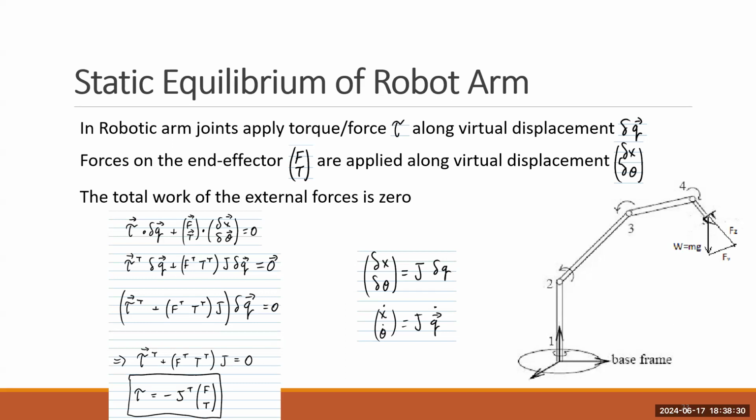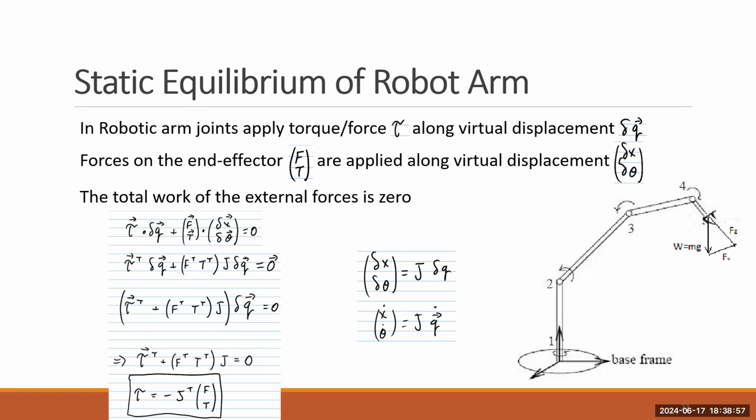And this is the static equation of a manipulator, of a robotic arm. The tau, the torque in the motors, must be equal to the minus external force times the Jacobian transpose.